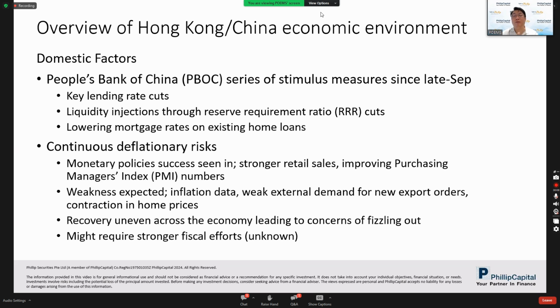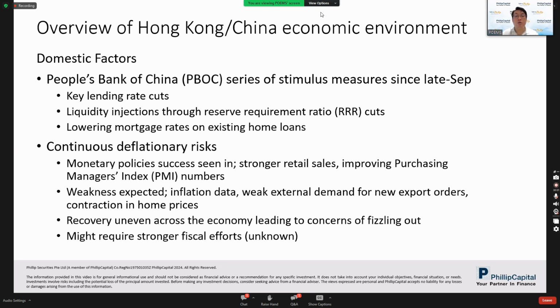That's why we believe the likelihood is that the China government will step in once there is more clarity, maybe not only within China and Hong Kong, but also with the US presidential election, to see what Trump will do once he gets into power. Are there any first actions that he does? That might be one of the factors they are looking at before they roll out new measures.